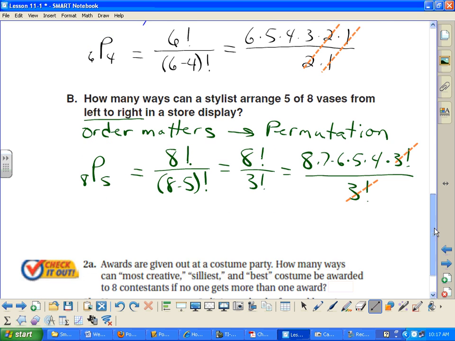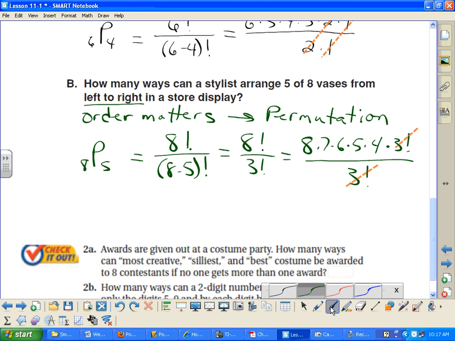And then we just multiply those 5 numbers together. Let's see. Can I do that in my head? Can you? Let's see. 40 times 42 is 1680, right? 40 times 40 is 1600, isn't it? So 40 times 42 would be 1680, right?